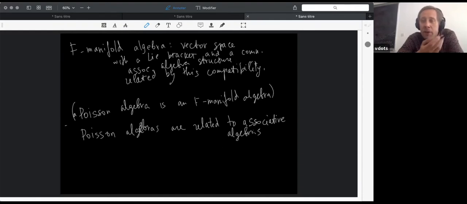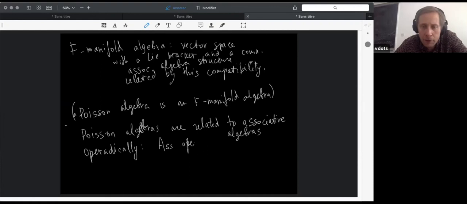Well, if you have a family deforming a commutative algebra, then the first order deformation gives you a Poisson algebra structure. From the operad point of view, I want to express this relationship as follows. You have the operad of associative algebras.